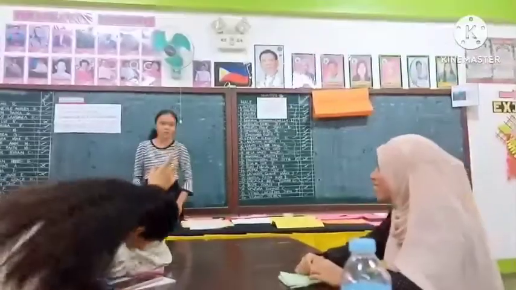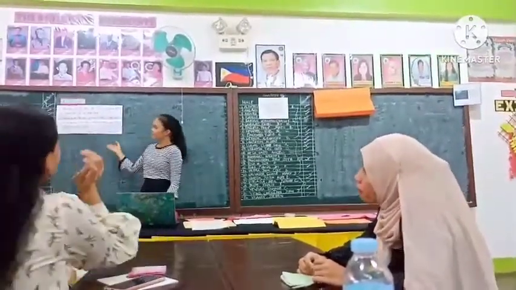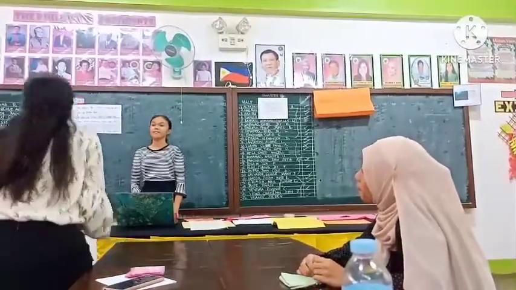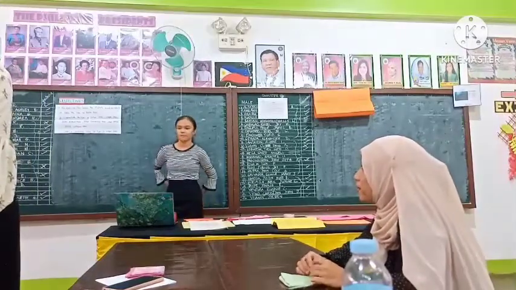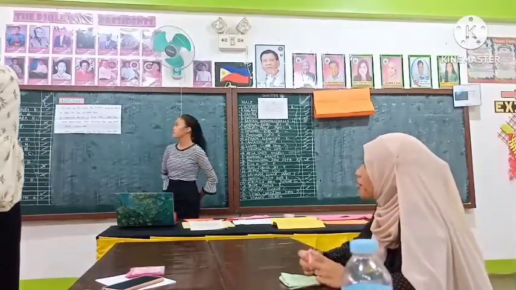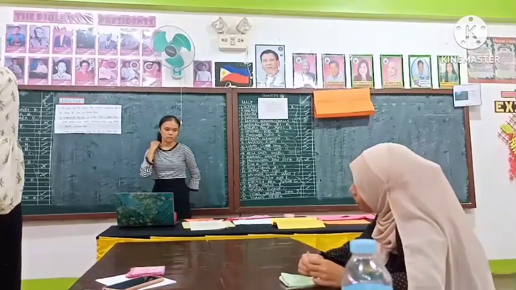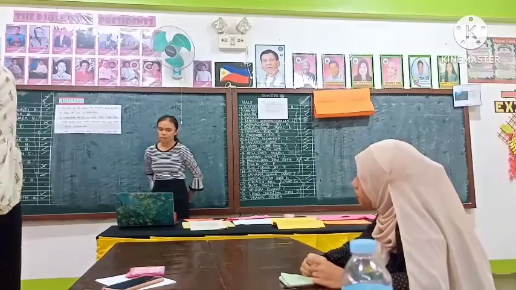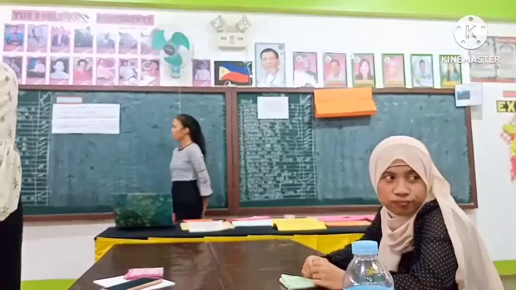Okay, Elijah, what are your objectives? At the end of the lesson, the students would be able to define the types of future tense, differentiate the types of future tense, and create sentences using the type of future tense.